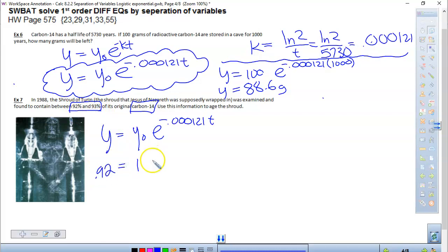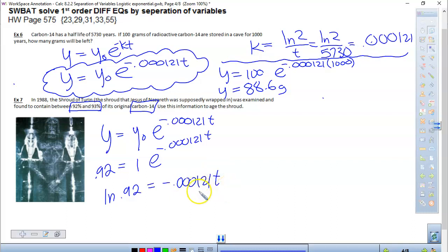Okay. And then it's e to the negative 0.000121 t. But could you also do 1988 for time or for years? Hold on. Let's just try it. So we're going to take the natural log of both sides. The natural log of 0.92 should equal negative 0.000121 t.